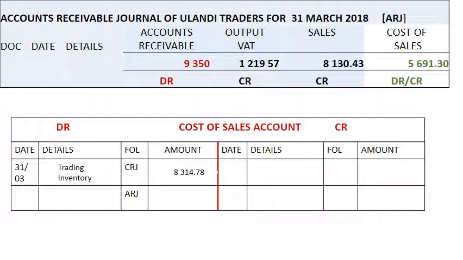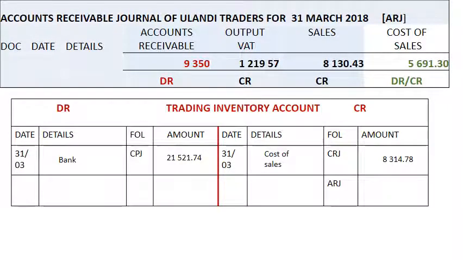The cost of sales column will be posted to the cost of sales account in the general ledger. On the debit side, date 31st of March, details, trading inventory, posted from ARJ, amount as calculated in the journal.